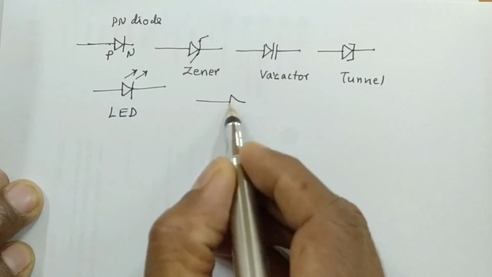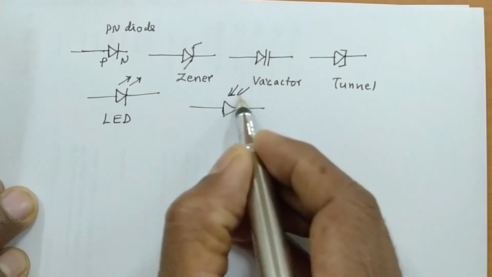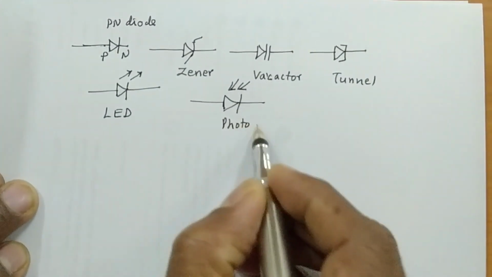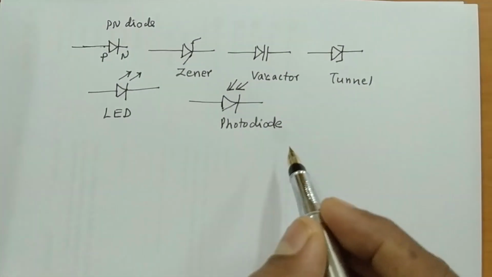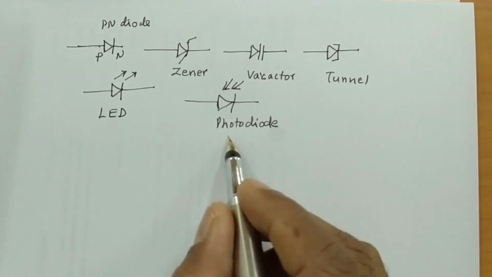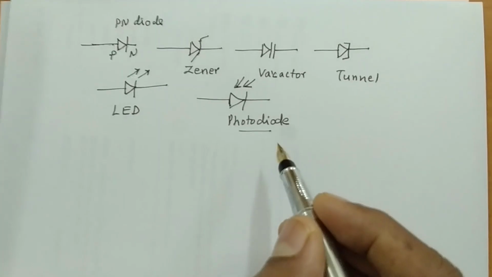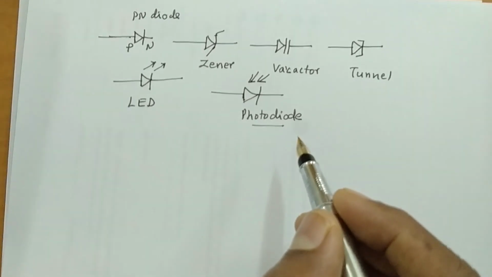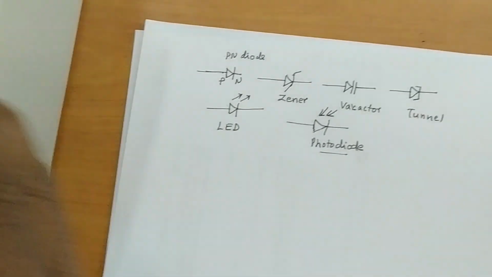If I draw another diode, and light falls on this, this is a photodiode. You can also have a phototransistor. Basically, the photodiode works on the principle of generation of electron-hole pairs, converting the incident light energy into electrical energy.